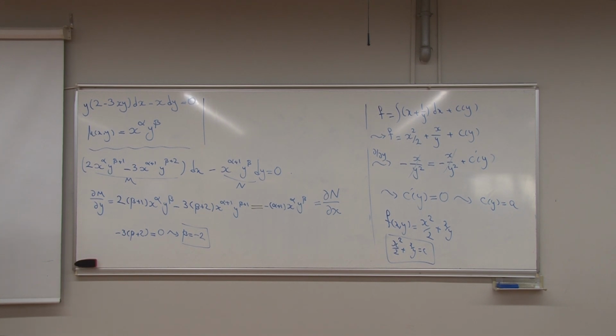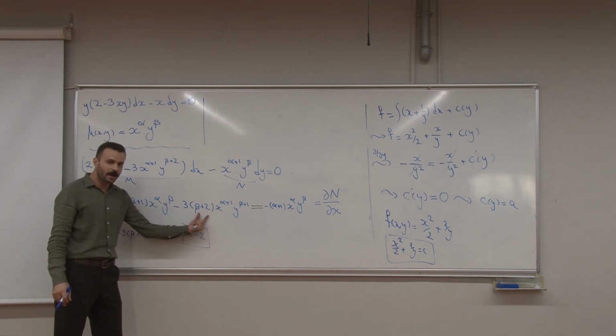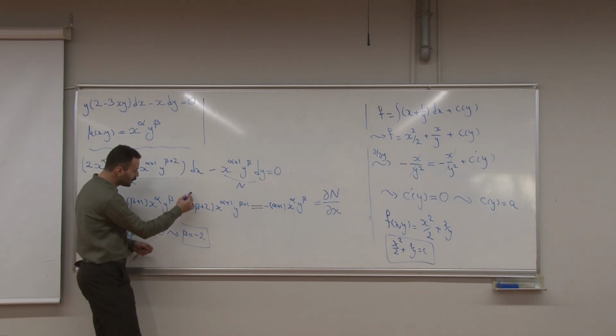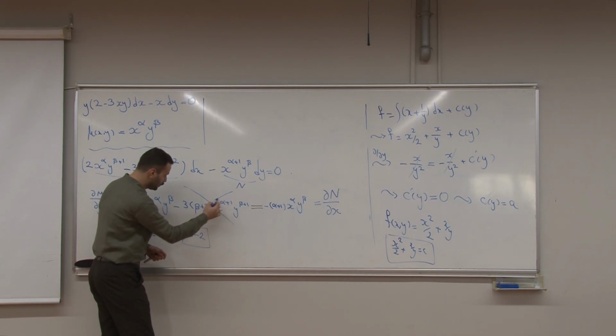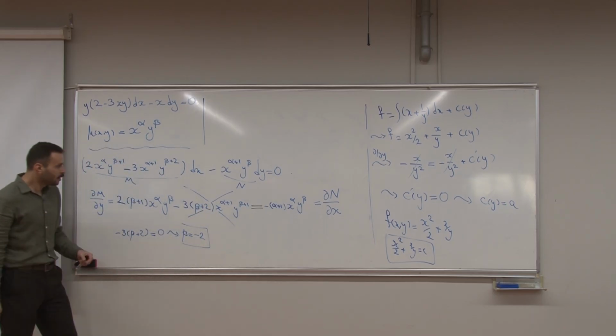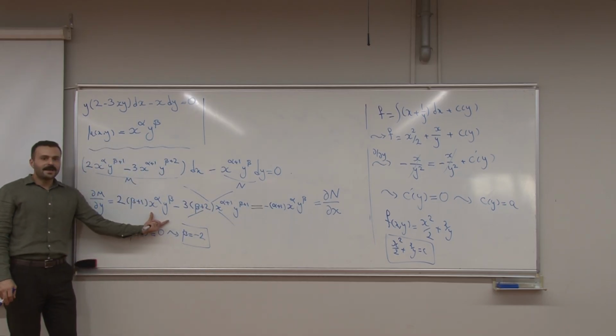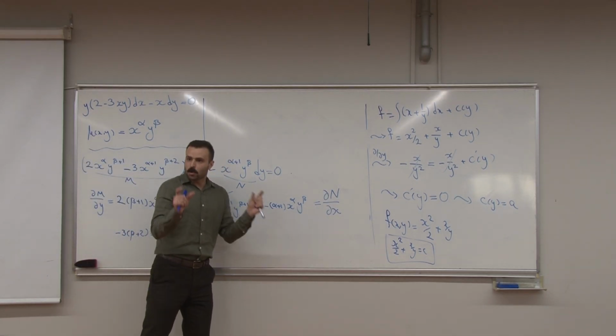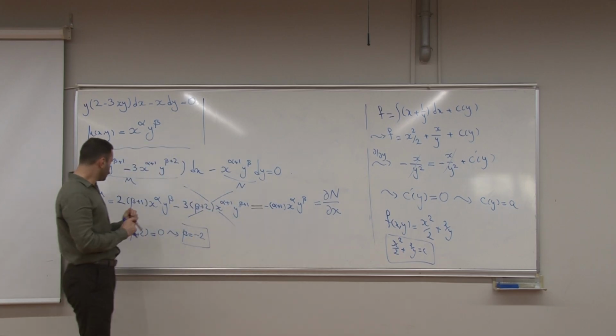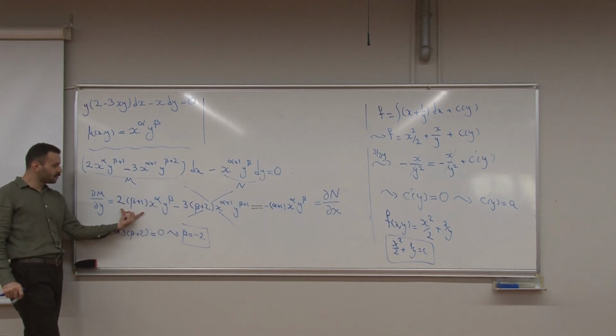What about alpha? Now look at this. Since beta is equal to minus 2, we actually do not have this. We can get rid of this. Now, we have x to the power of alpha, y to the power of beta on both sides. Their coefficients must be equal to each other. What is the coefficient in the left hand side?